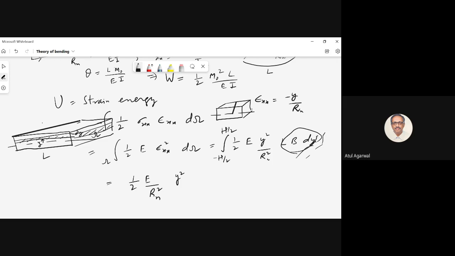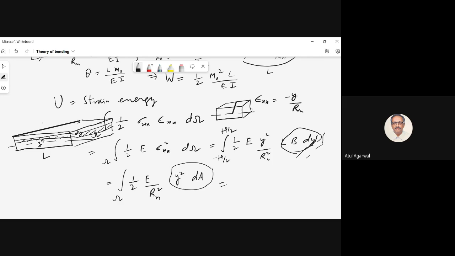L into B is the area of this element, the top surface area of this element. And you multiply by dy, you get its volume. So you can say y square dA, and this you are integrating. Y square dA is Izz.